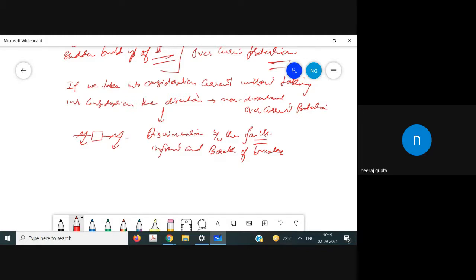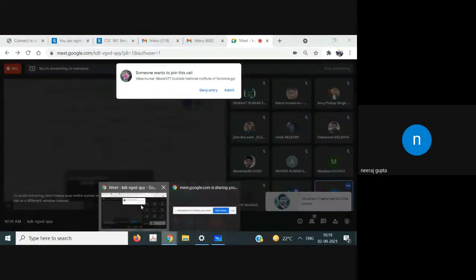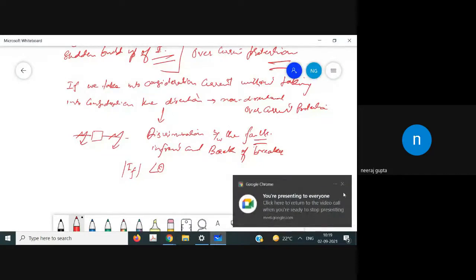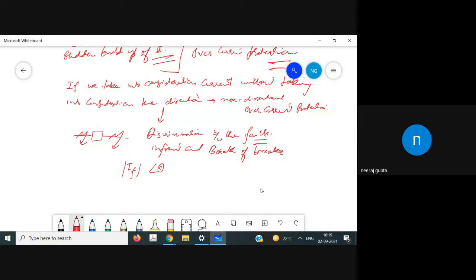So this is possible only if we take into consideration the magnitude of the fault current as well as the phase angle of the fault current. That is, the magnitude of the current and of the voltage, and the phase angle of the current with respect to the voltage at the relay location.